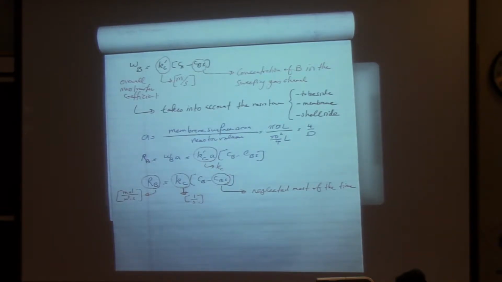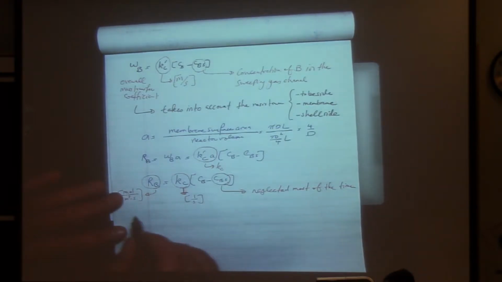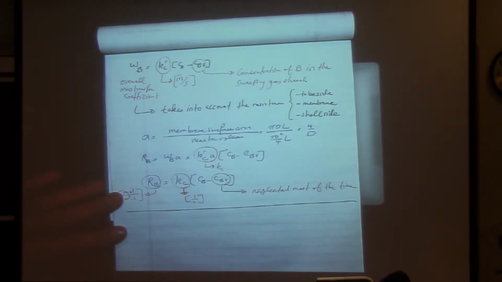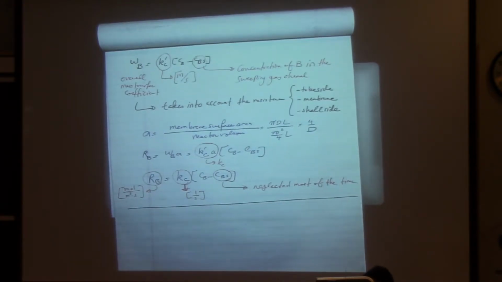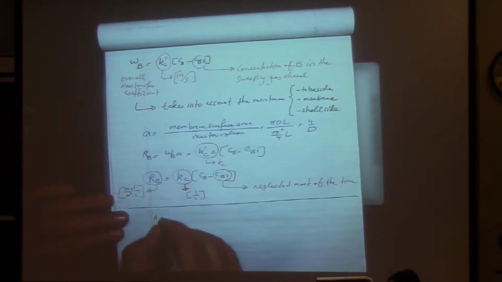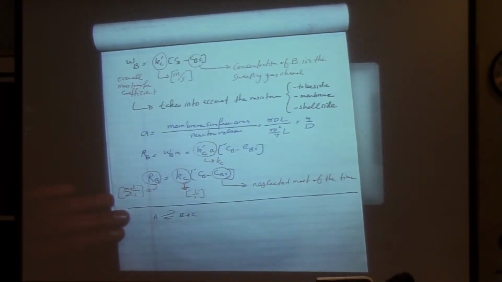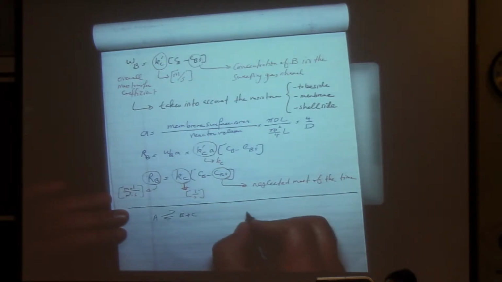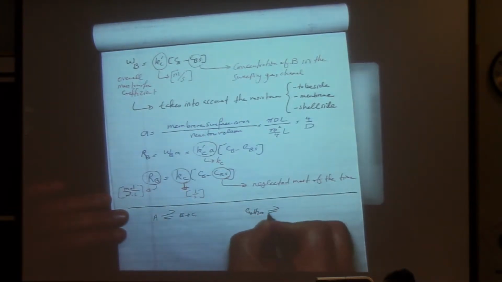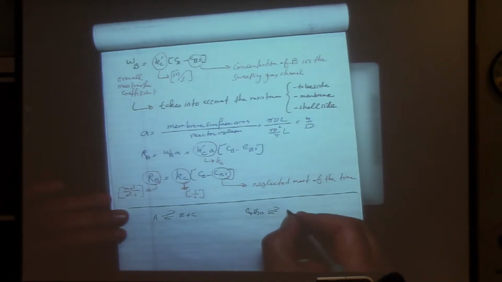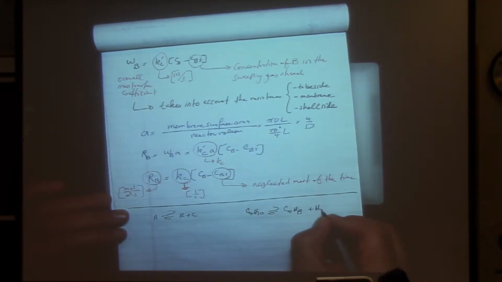Let's do this one in a couple of examples. So let's assume we have a reaction, A gives B plus C. Like the reaction can be butane that gives butene, C4H8, plus H2.